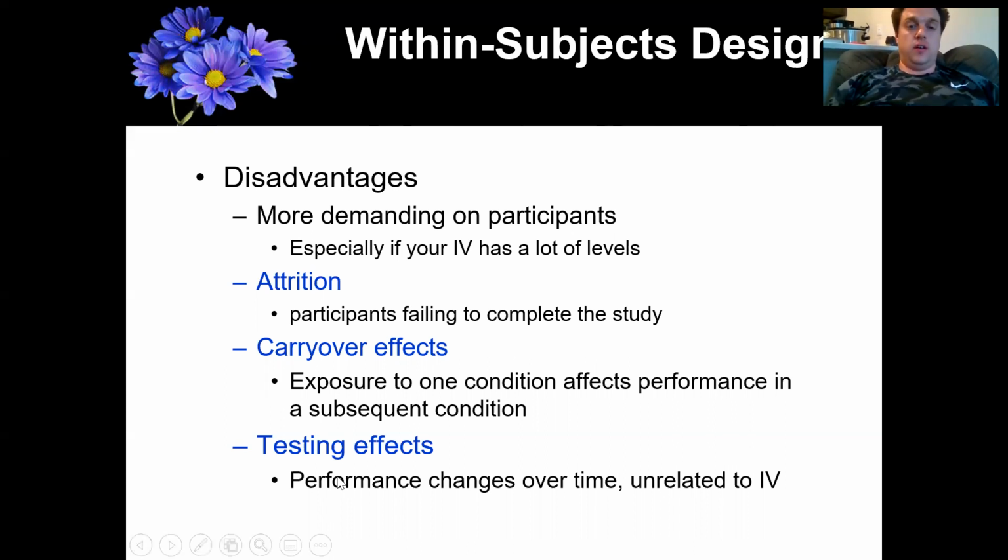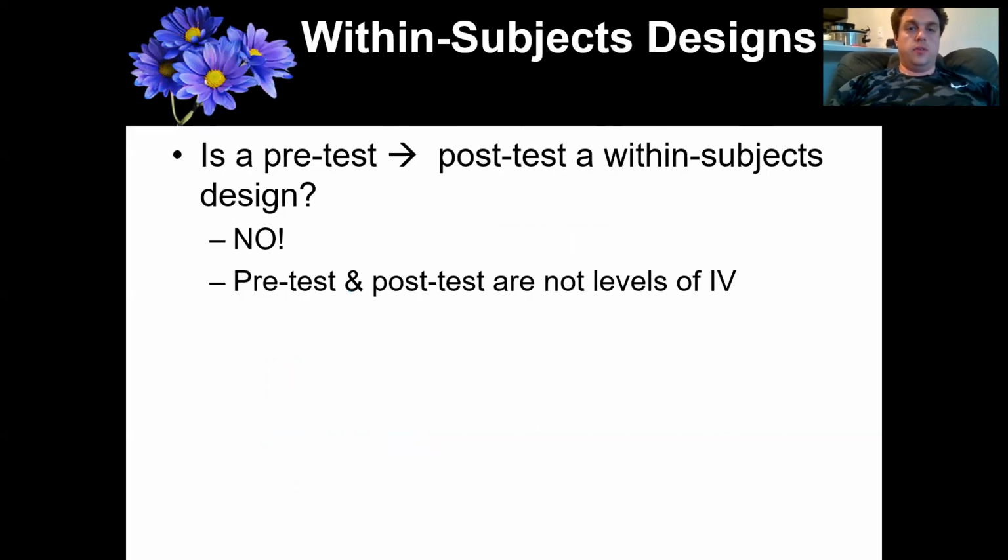And testing effects is where performance changes because you've taken the test before, for better or worse, but it's unrelated to your independent variable. Let's go through each of these in detail.